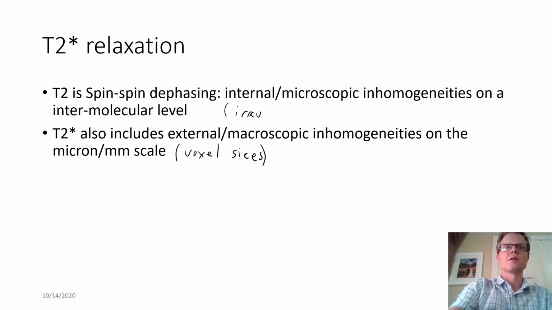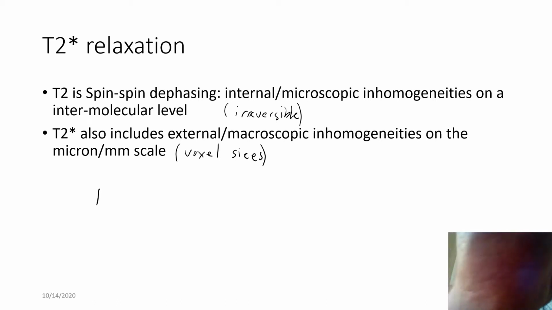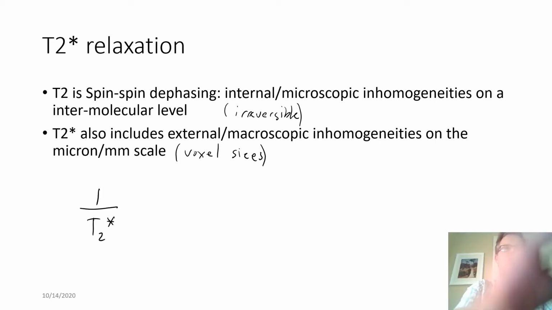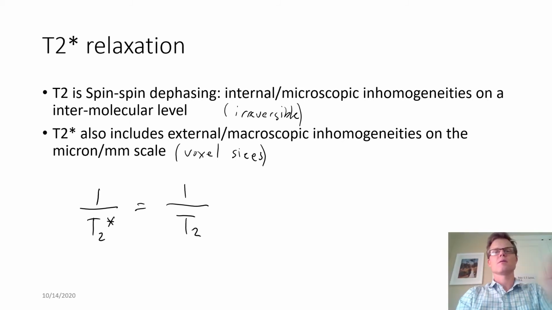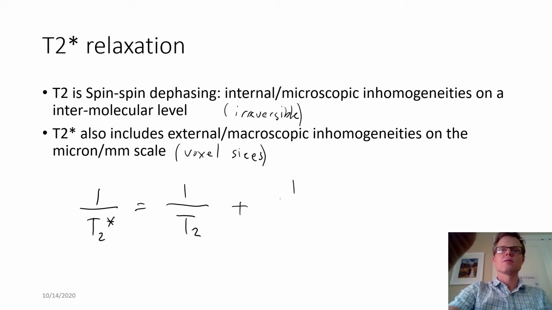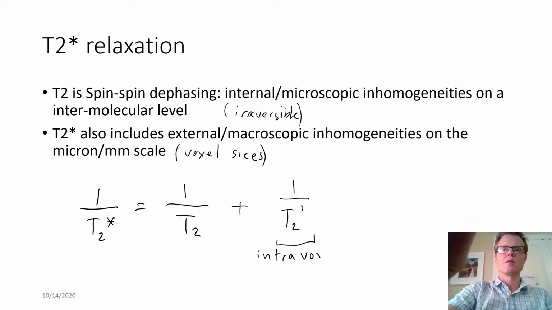We can break this up: T2 star relaxation includes the fundamental irreversible T2 relaxation plus additional relaxation, and we notate this as T2 prime, where this term is our intra-voxel, or within our imaging voxel, dephasing.